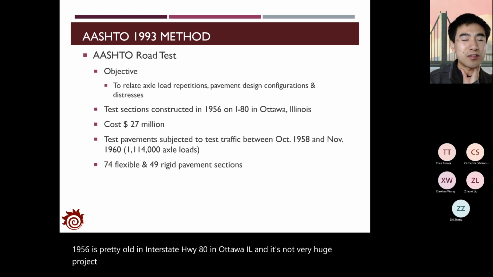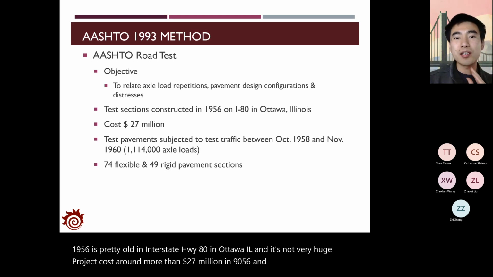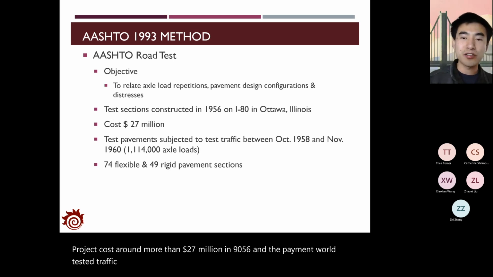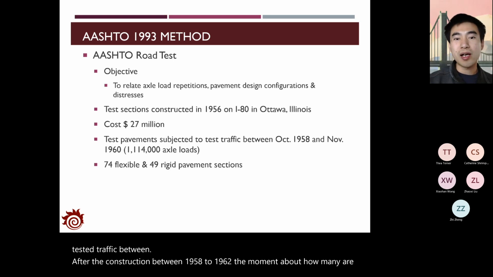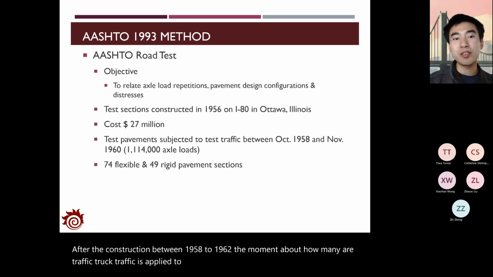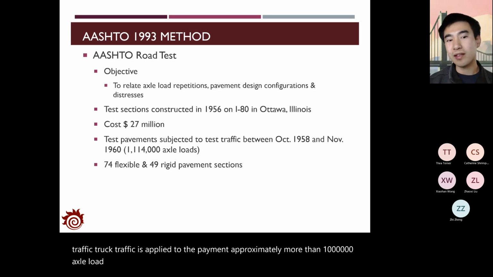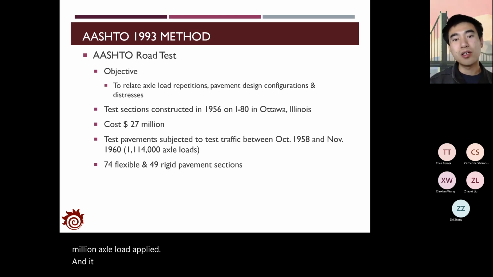It cost more than $27 million in 1956, and the pavement was tested with traffic between 1958 and 1960, measuring how much truck traffic was applied to the pavement, approximately more than 1 million axle loads applied. It had 74 flexible pavement sections and 49 rigid pavement sections.